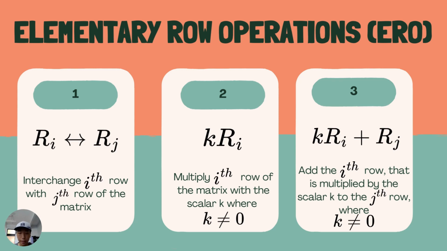Thirdly, add the i-th row that is multiplied by the scalar k to the j-th row, where k is not equal to 0. This process can be denoted as kRi plus Rj. The purpose of this process is to change the elements in the j-th row. There are some operations that cannot be used, which are kRi minus Rj, Ri plus kRj, and Ri minus kRj.